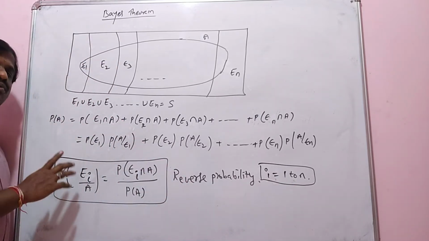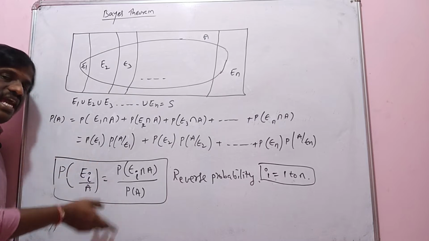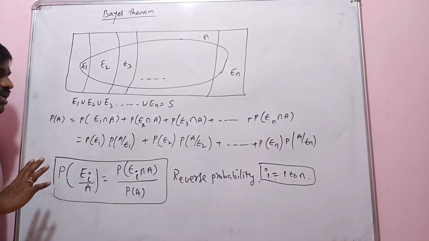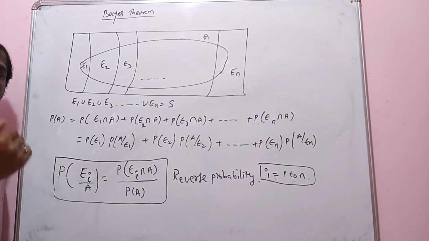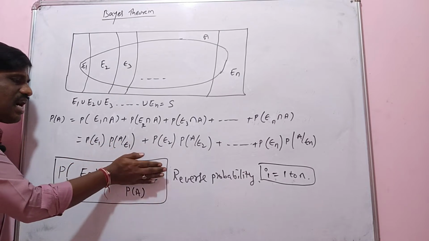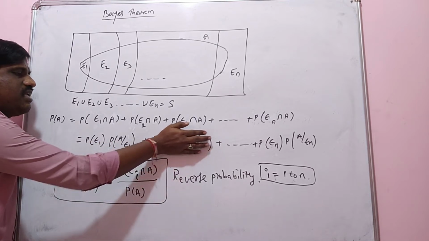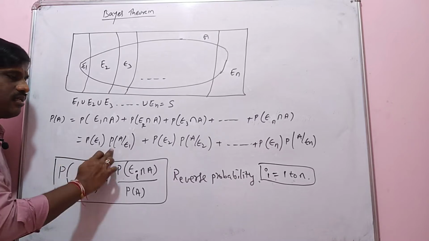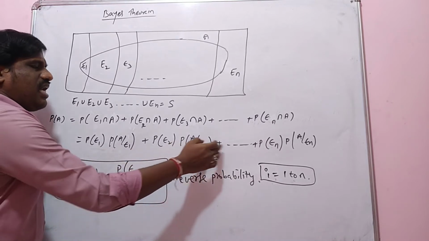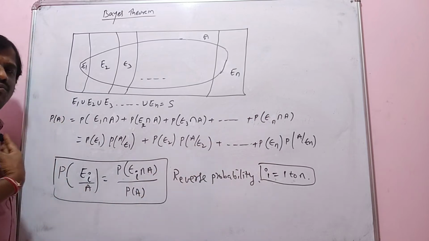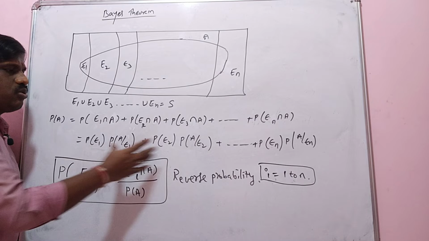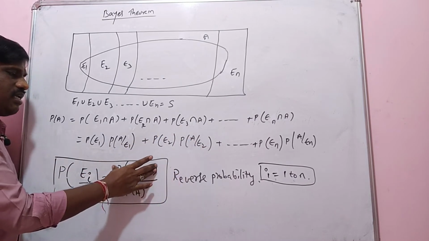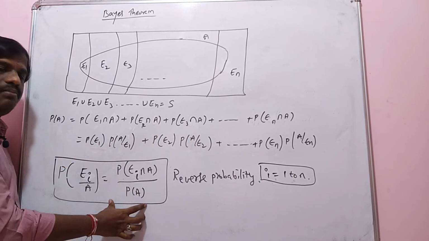So what I want to say here is, because of A it happened. Suppose I say it is the car, because of the car he is reaching home late. Suppose this one is car related, this is about bus, this is about train, this is about car. If I want to know the reason for getting late by car, then the car term should be in the numerator and the total probability should be in the denominator.